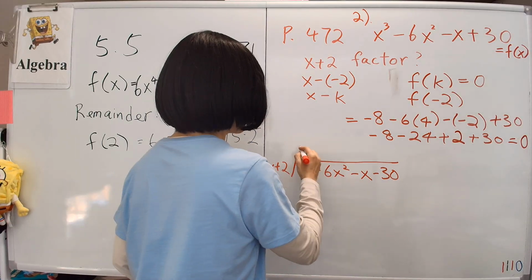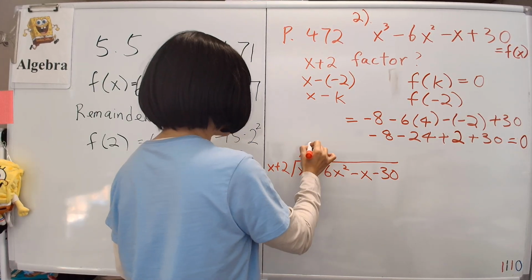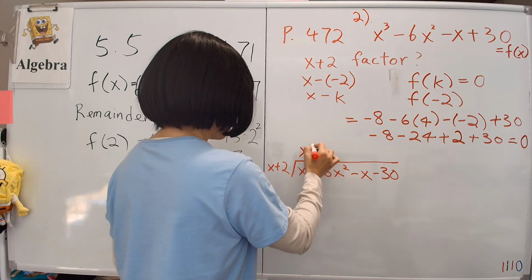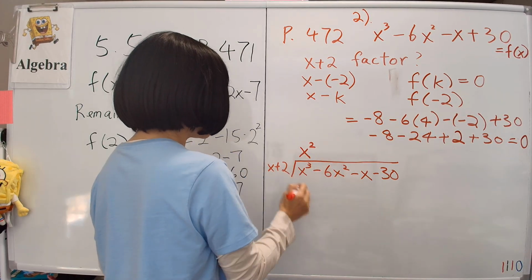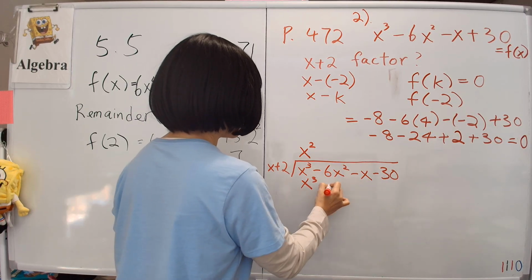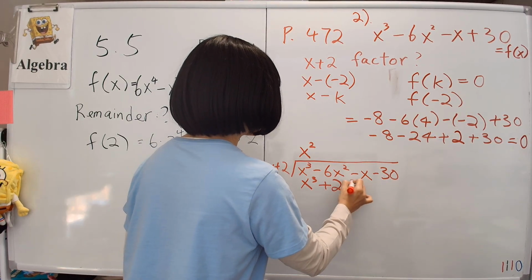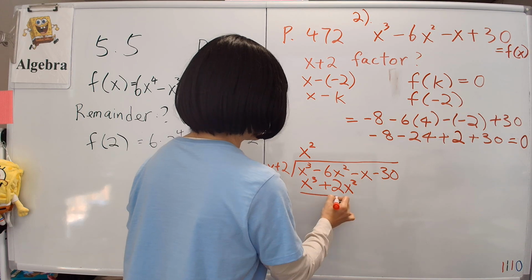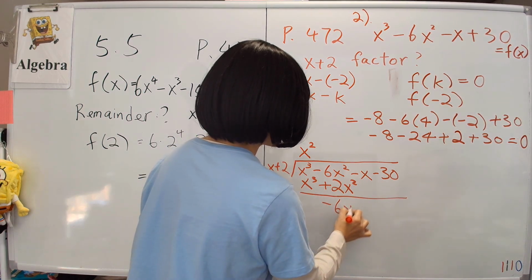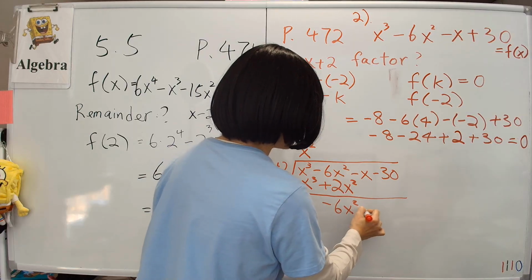So this time let's do long division, which we did in the previous section, and let's do this again. That's x squared, right? So x squared times x gives x cubed plus 2x squared, and then do the subtraction. That gives minus 6x squared, and then minus x.